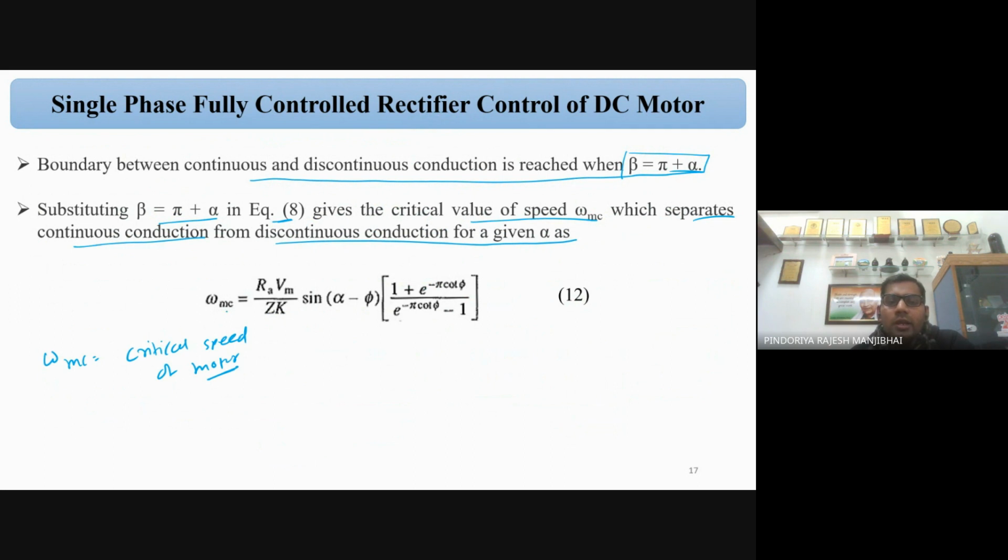Finally, critical speed is equal to Ra into Vm divided by Zk, sine alpha minus phi, times (1 plus e to the power minus pi cot phi) divided by (e to the power pi cot phi minus 1). This is the critical speed of the DC motor, equation number 12.